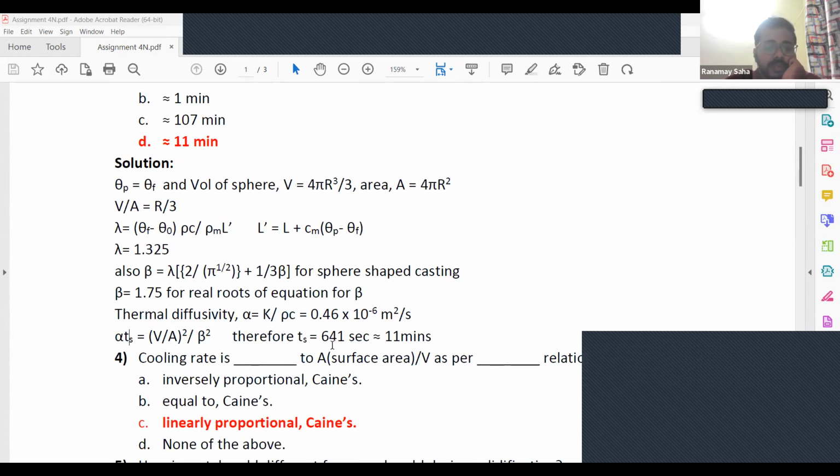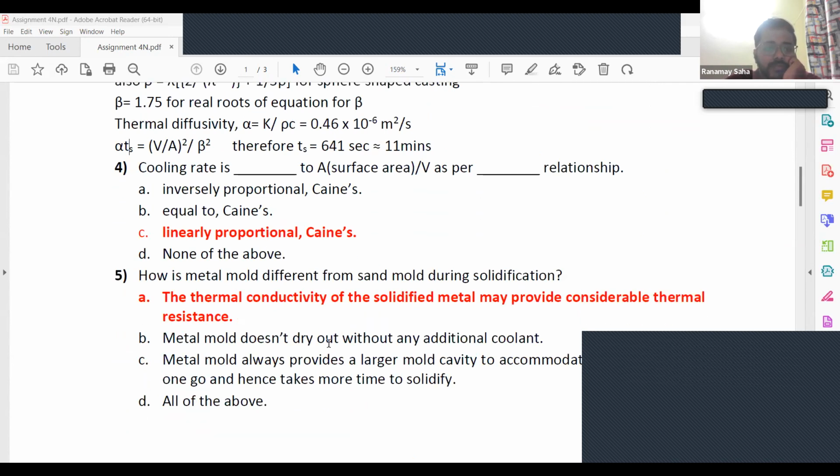That's a simple question. And then you have the fourth question saying cooling rate is directly proportional to surface area by volume, that is the cooling characteristics as per this relationship.